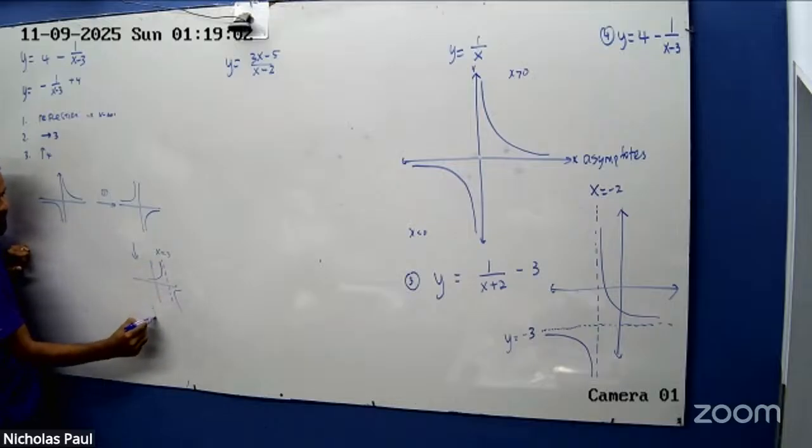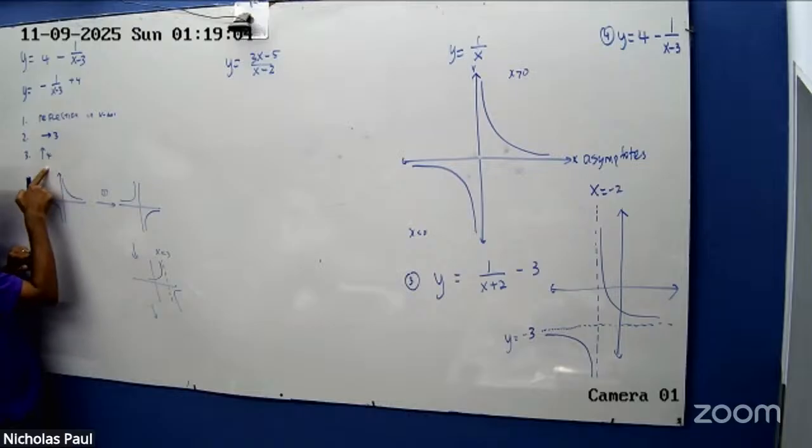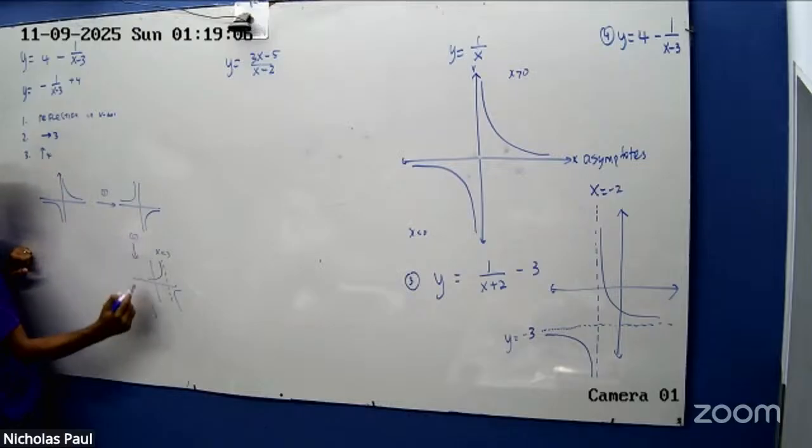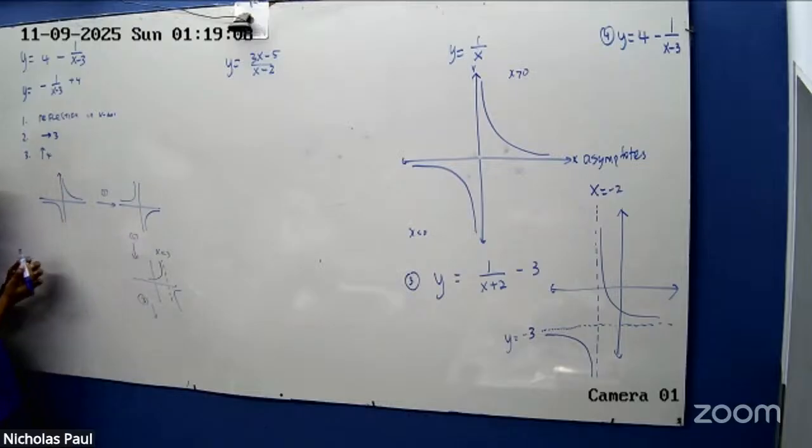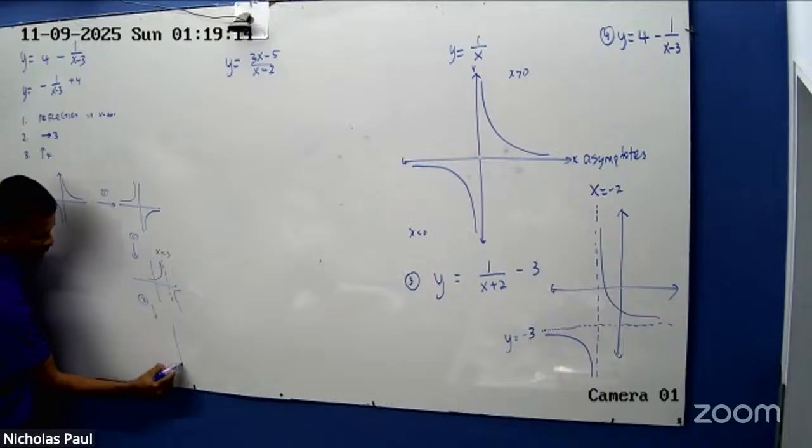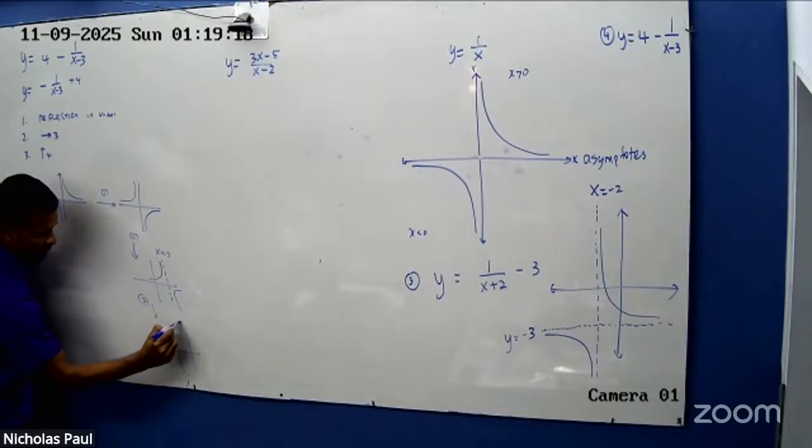And last stage, we are going to shift it upwards 4. So we have it here, and we have it here.